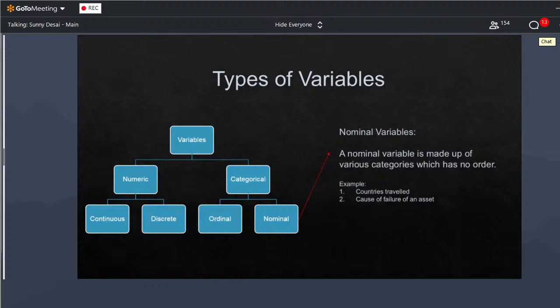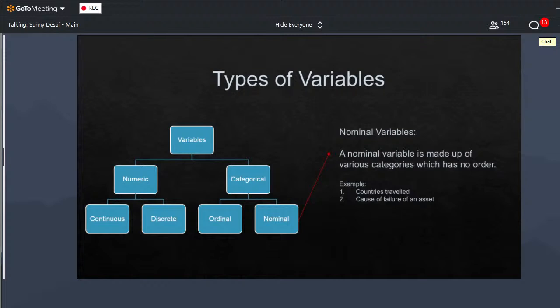Now let's play a twist here. The same category, start or stop, I am simply representing as start is 1 and stop is 2. Now this is a trick question. I talked about this: we can represent a categorical variable with numbers, but the numbers have no meaning.